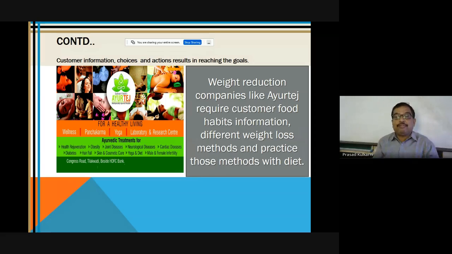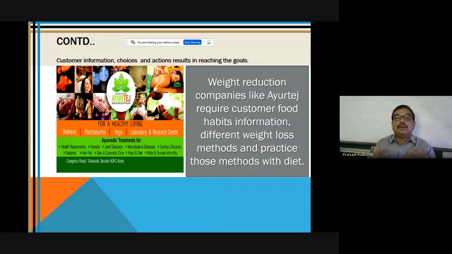Weight reduction is a fascinating subject in India. Now people are diet conscious, and Belgaum is not apart. Ayur Tej, which is on Congress Road, Tilakwadi, beside the HDFC Bank, provides services in wellness, panchakarma, yoga, laboratory and research centers. When the customer gets into Ayur Tej, they will ask the customer's food habits, and they will also tell you the different ways of weight reduction.